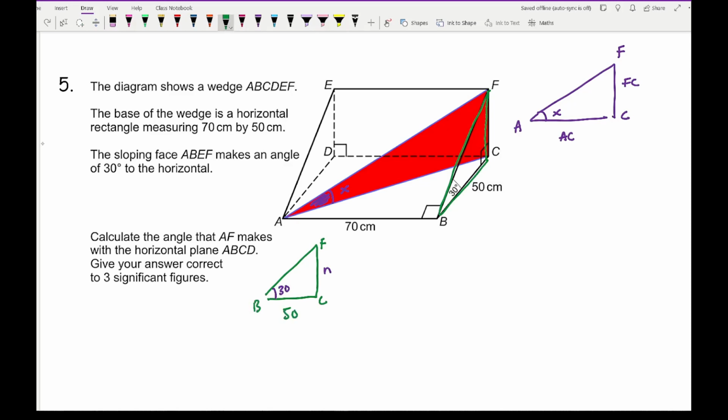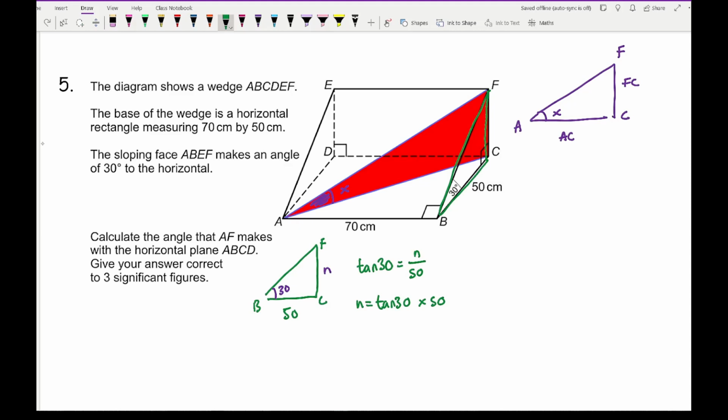So to work out what N is, I've got to use trigonometry. Again, it's using tan. So I've got tan 30 equals N over 50. So N equals tan 30 multiplied by 50.